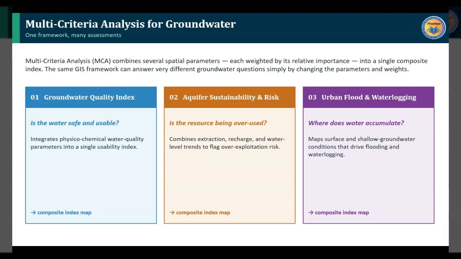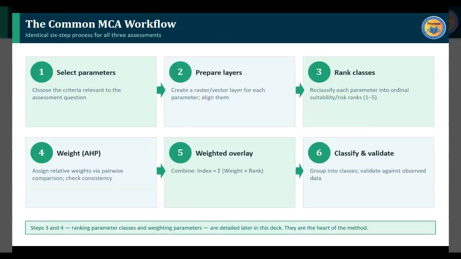Every single assessment that we will discuss will use same 5 step engine. Step 1, we select the parameters relevant to our questions. At the second step, we reclassify and rank each parameter. We score each class from 1 to 5 according to how much it influences the outcome.